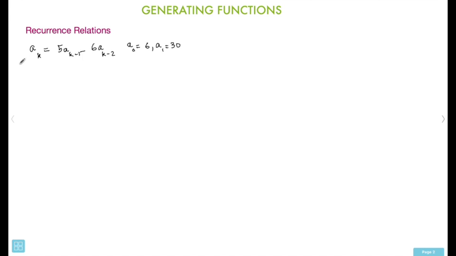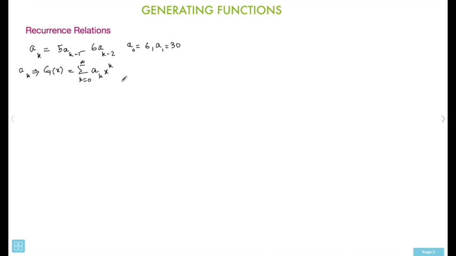Now let's say our generating function is g(x), which is the sum over k equal to 0 to infinity of a_k x to the k.